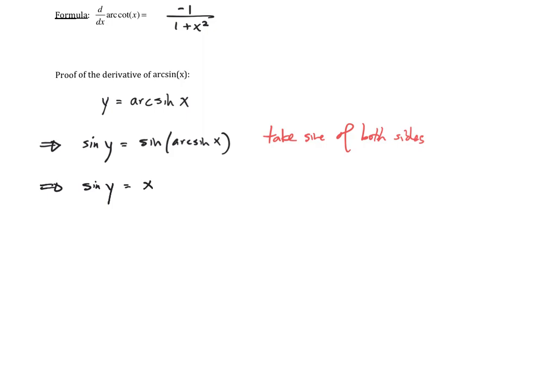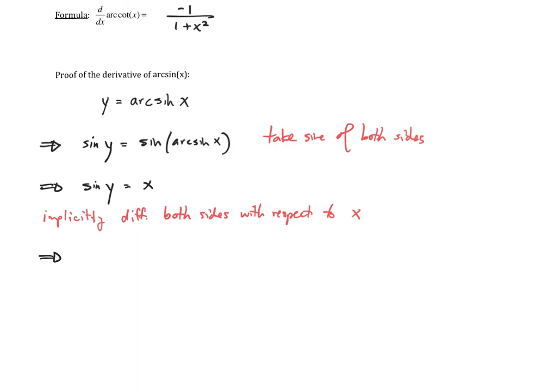The next thing we want to do is use implicit differentiation. So we implicitly differentiate both sides with respect to x. You're treating y implicitly as a function of x, which we've seen from this equation up here. When we take the derivative of the left-hand side, we need to use the chain rule.